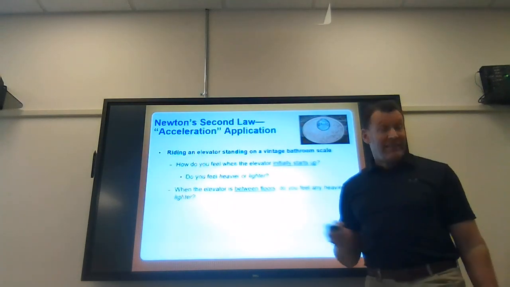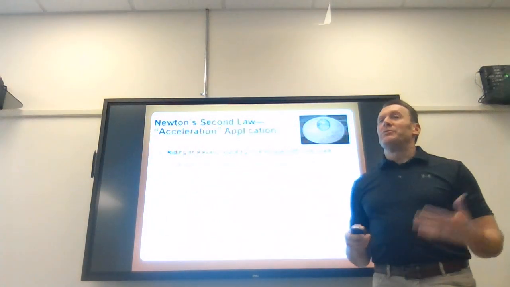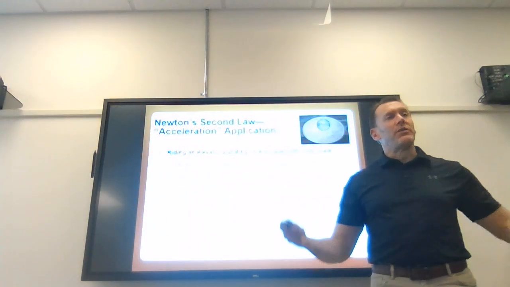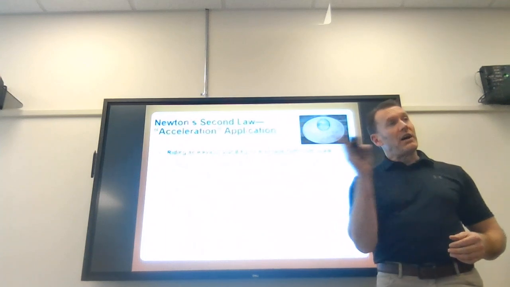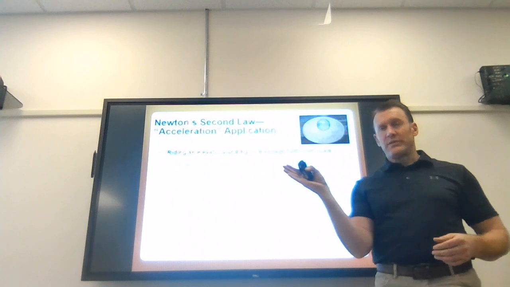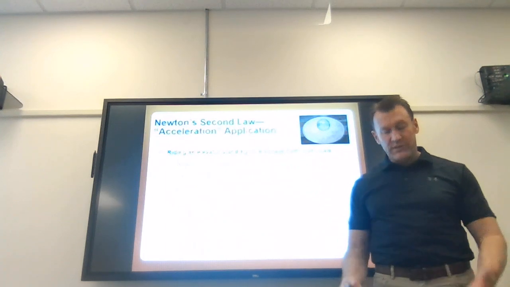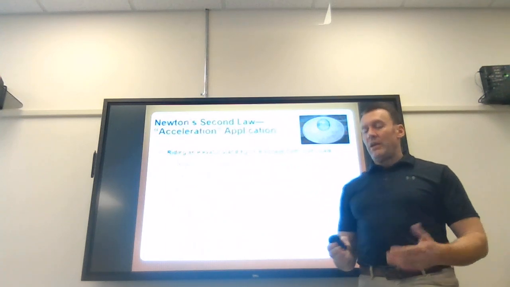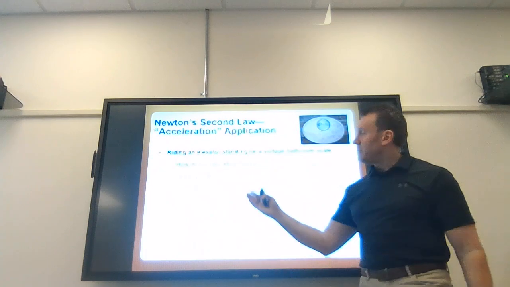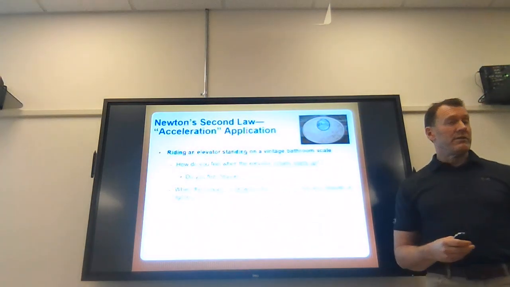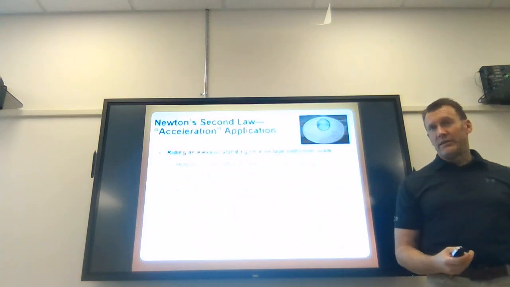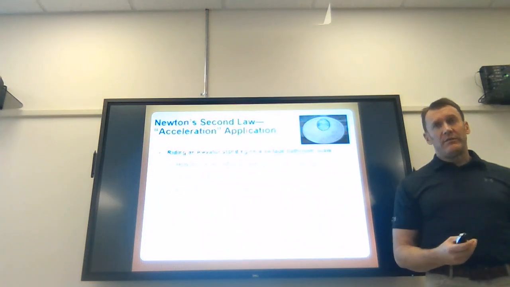So if we were to do this experiment between floors, the initial thrust upward, the number you see on the scale goes up a little bit because there's an acceleration, so the number you see would be greater than your weight. And then it would settle back in between floors. You would feel neither heavier nor lighter, so the reactive force from the elevator is equal to your weight.